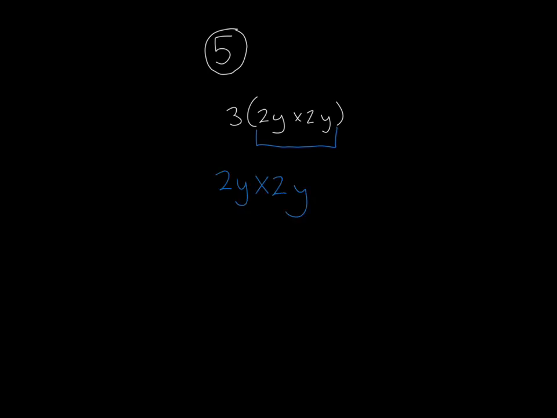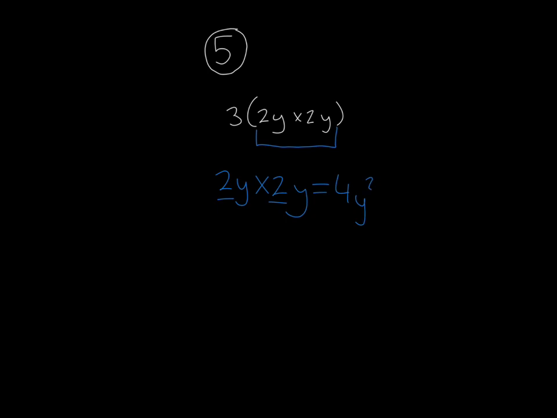So when we multiply variable terms by each other, we start by multiplying the coefficients by each other. So we get that 2 times 2 is 4, right? And then we multiply the y's by each other. And remember, just like for the previous example, where we had a times a giving us a squared, we now have y times y giving us y squared.